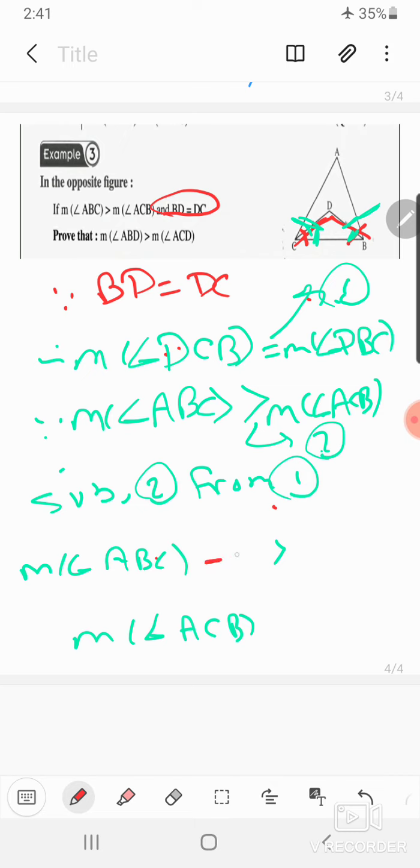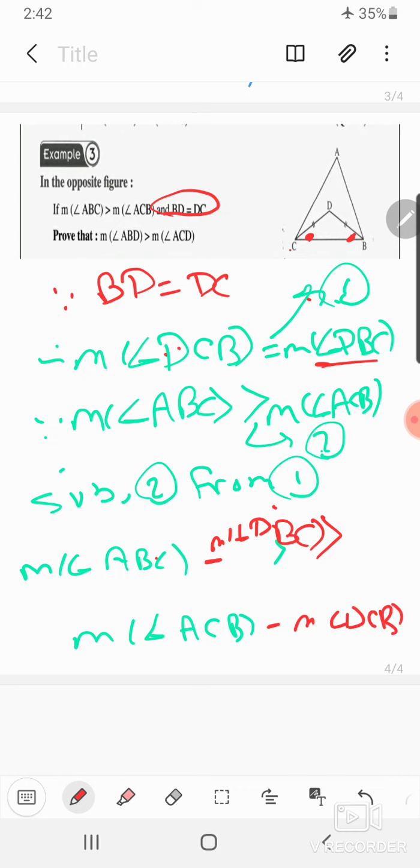So ABC minus DBC, measure angle DBC, and measure angle ACB minus, of course, this one is equal to measure angle DCB.